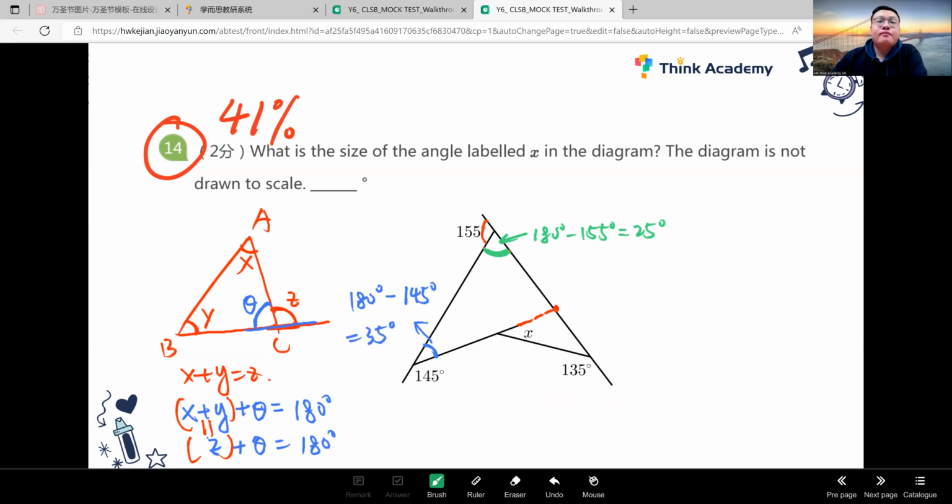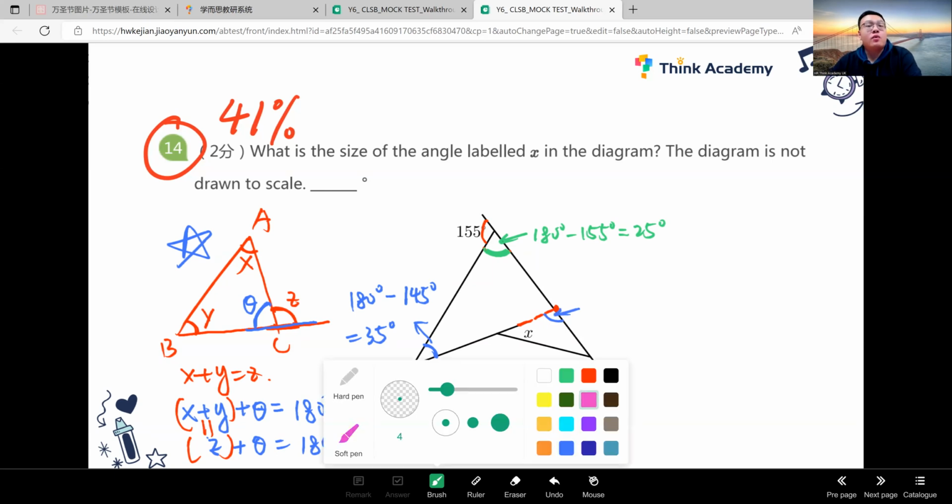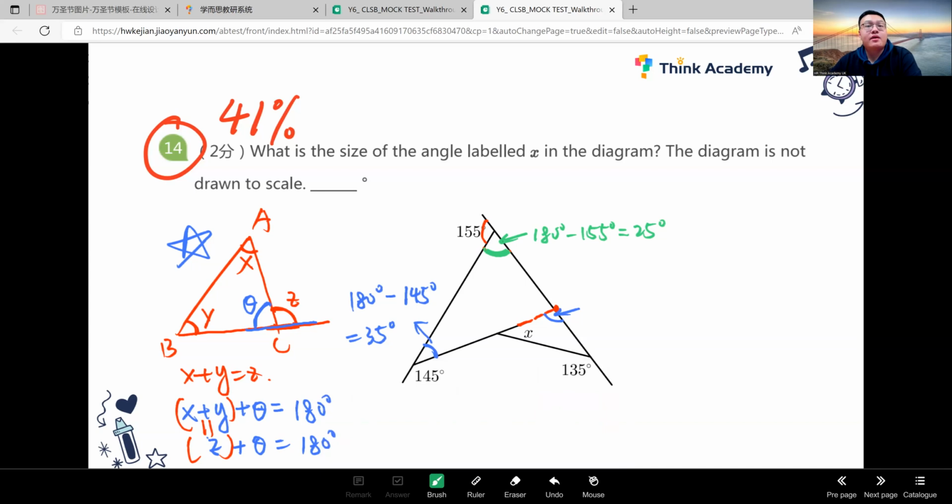So let's see. If you use this method, you will know that this angle equals what? This pink one. Yes, Kiki. 60.